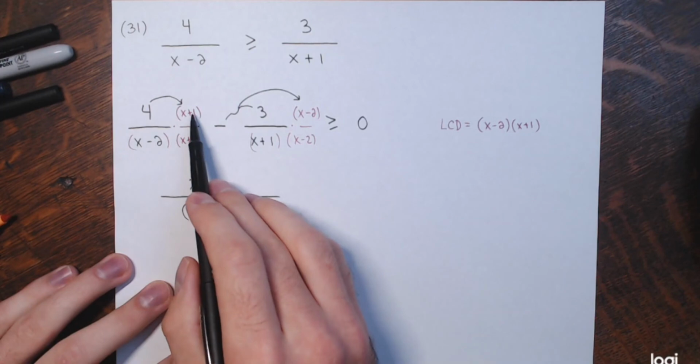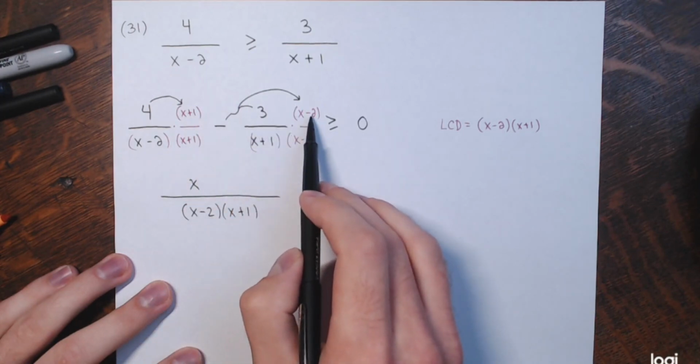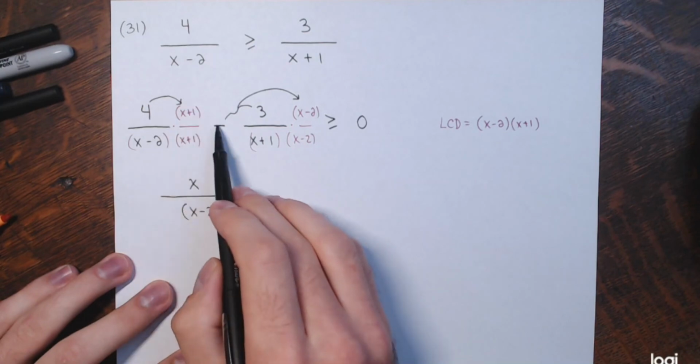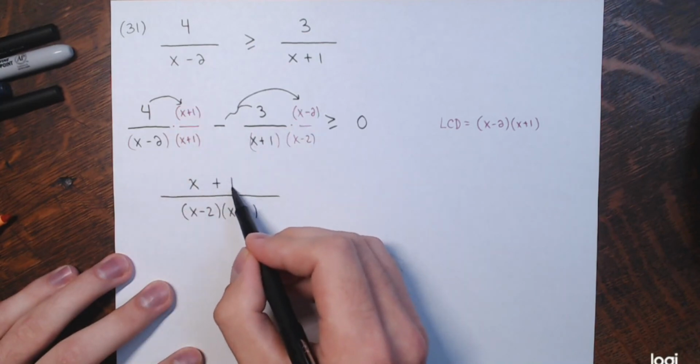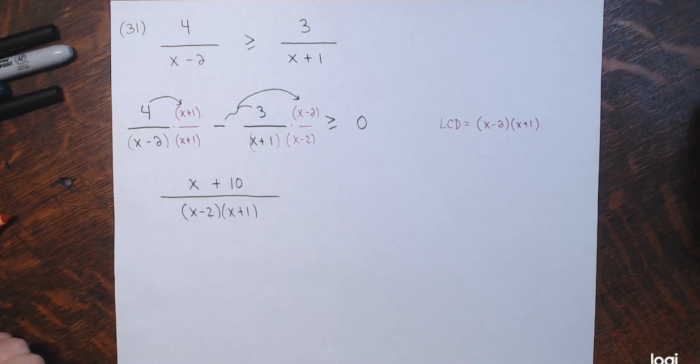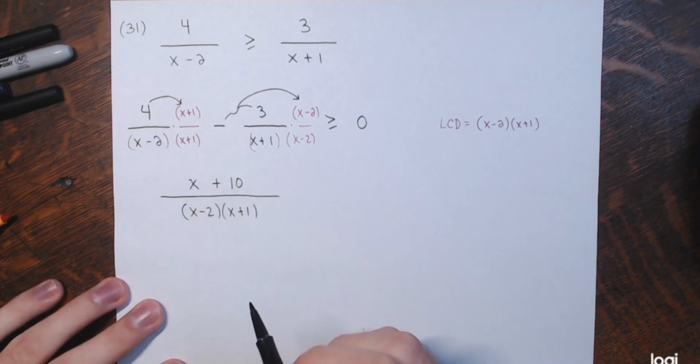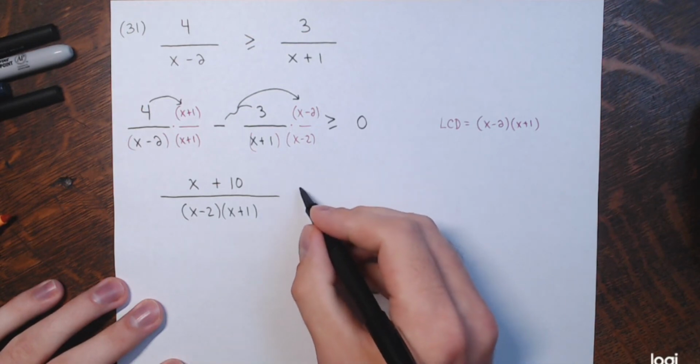And then plus 4, then negative 3 times negative 2 would be positive 6. You have positive 4 plus 6, that'd be positive 10. So that's the numerator totally simplified. And greater than or equal to 0.